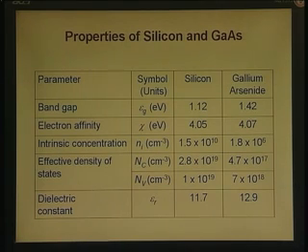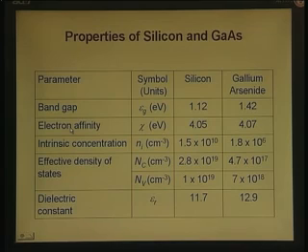So what are the parameters that you need to know? First important parameter is band gap or energy gap, Eg: for silicon 1.12 electron volts, for gallium arsenide 1.42 electron volts. So you can take down, as I mentioned, these parameters and their values here.